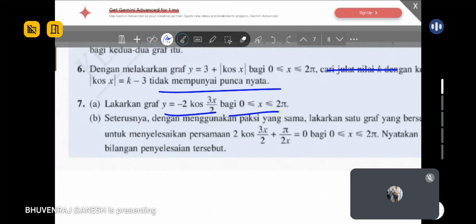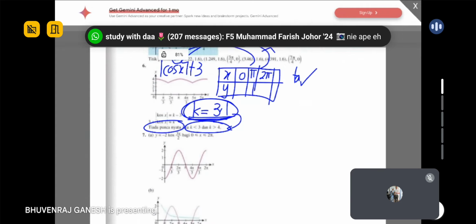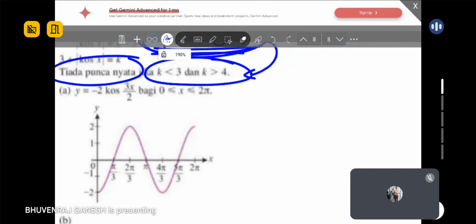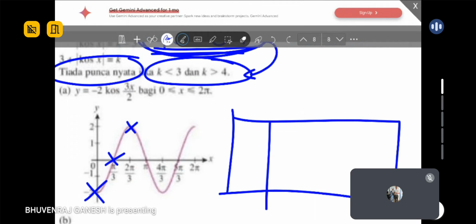Focus. So 7A. They ask you to draw this graph. Again, how to draw? Use the table. Your graph will look something like this. For this one, you can see 1, 2, 3, 4, 5, 6, 7 points.